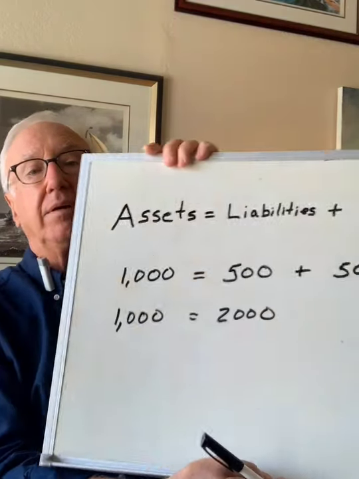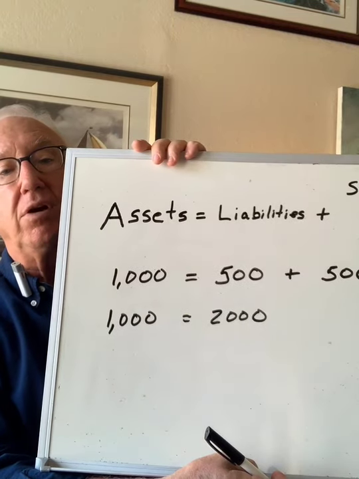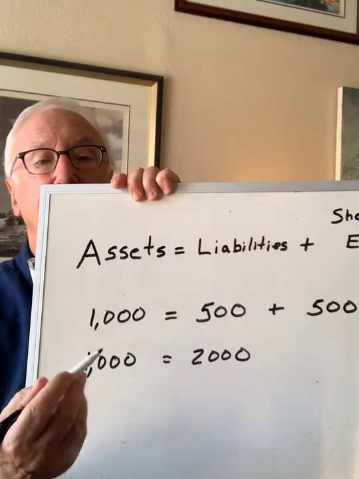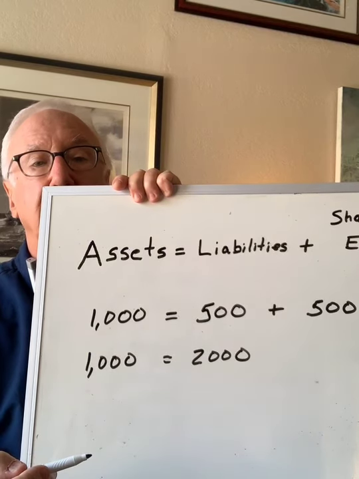Now it works both ways though. So suppose you have $1,000 equals $2,000, right? We're right back to where we started, because we've got this little equal sign, and assets always equal liabilities.